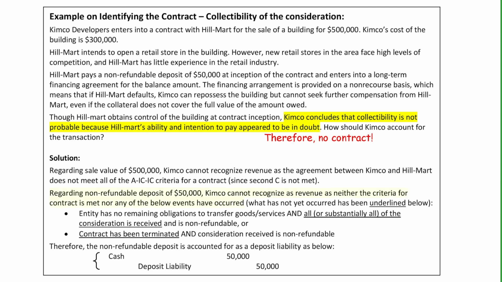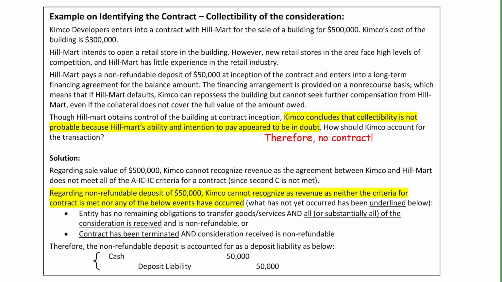Now highlight regarding the non-refundable deposit of $50,000. Kimco cannot recognize revenue as neither the criteria for the contract is met nor any of the below events have occurred.